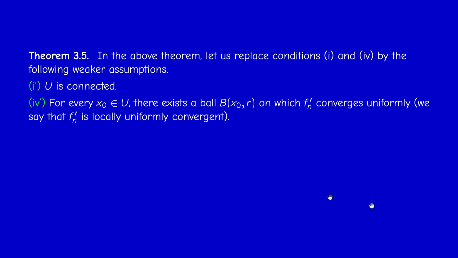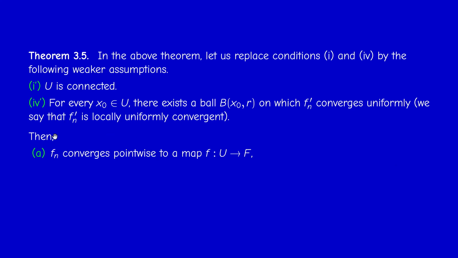What does this mean? It means that every point in U has a neighborhood on which the sequence of derivatives converges uniformly. Clearly this is a weaker assumption than uniform convergence on the whole domain, and I will ask you to give an example later.